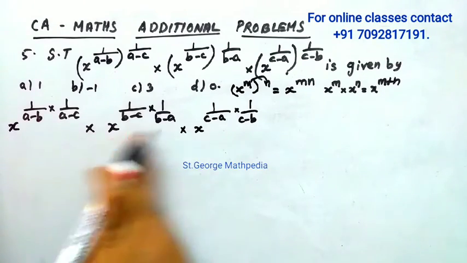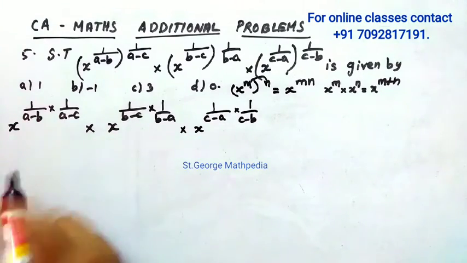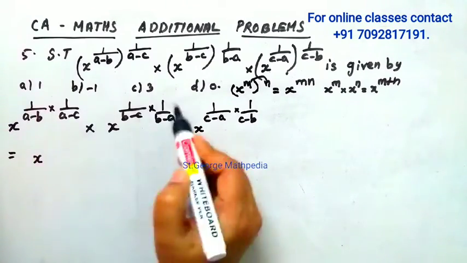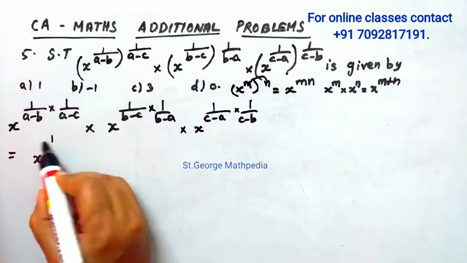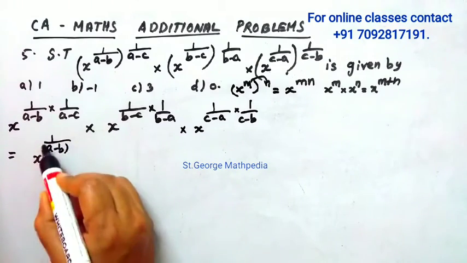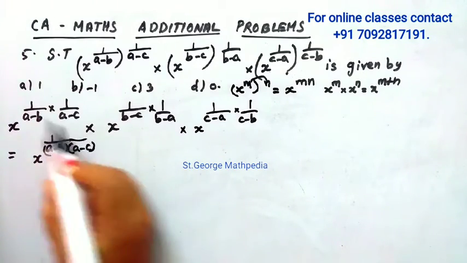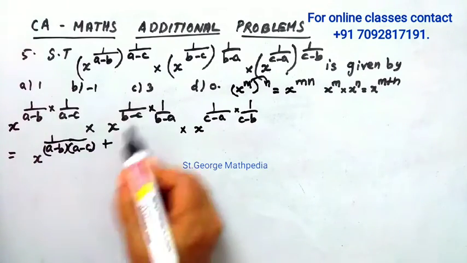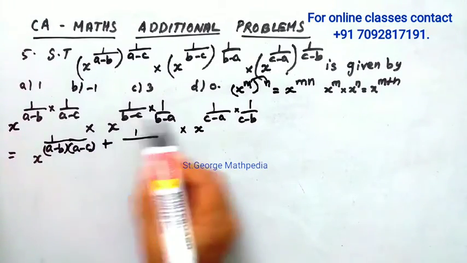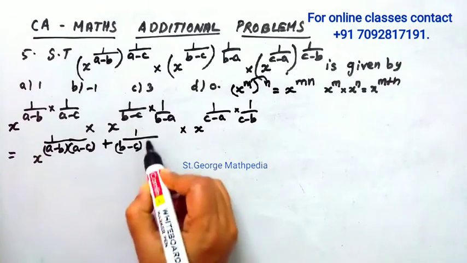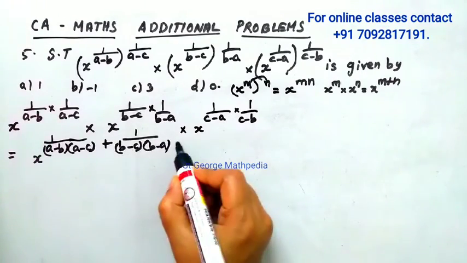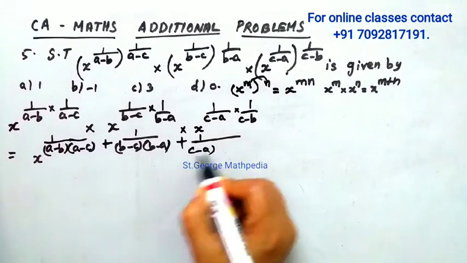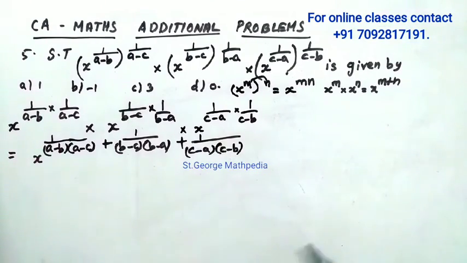So we have x as the base in all your terms, so you can add the powers now. So x to the power 1 by a minus b into a minus c, that is 1 into 1, 1 by a minus b into a minus c, plus 1 into 1, 1 by b minus c into b minus a, plus 1 into 1, 1 by c minus a into c minus b.